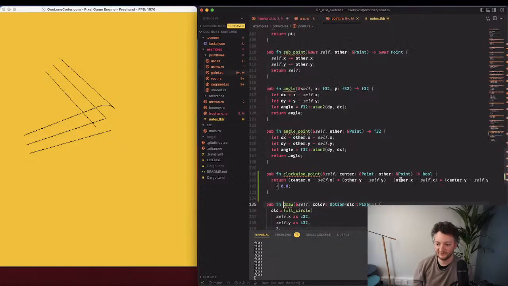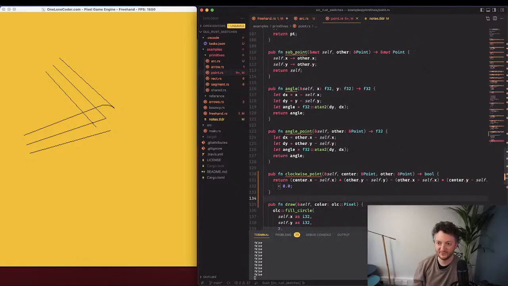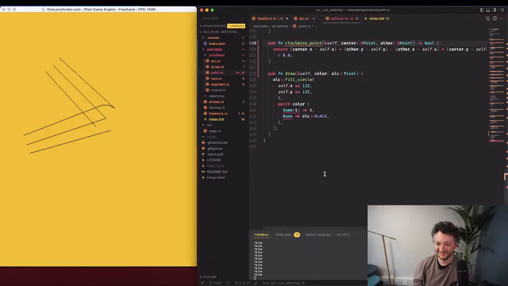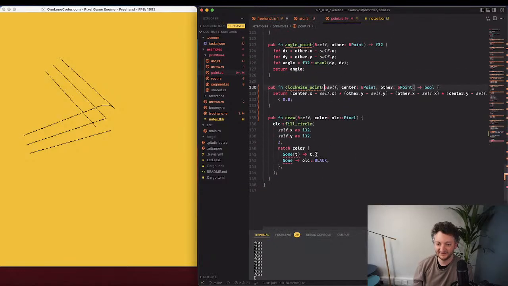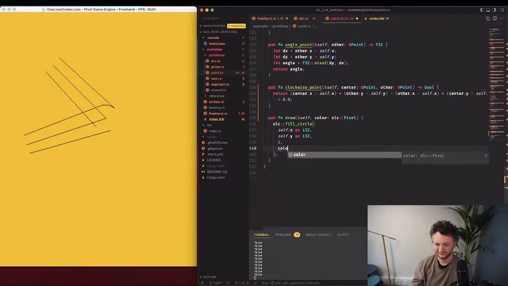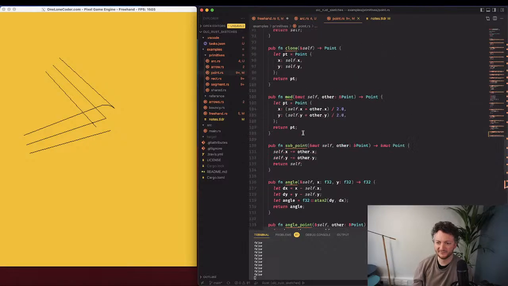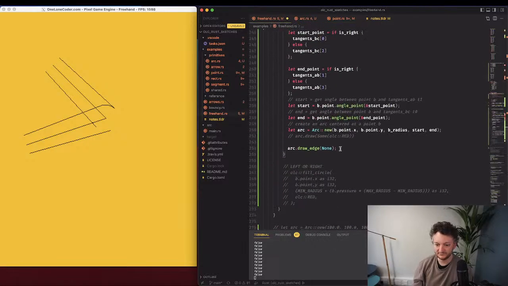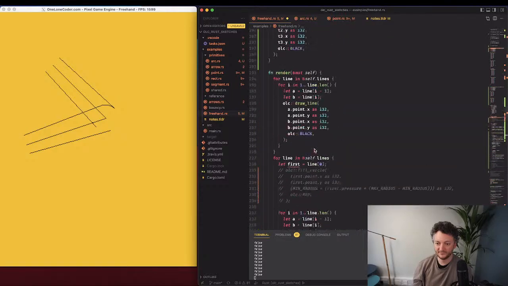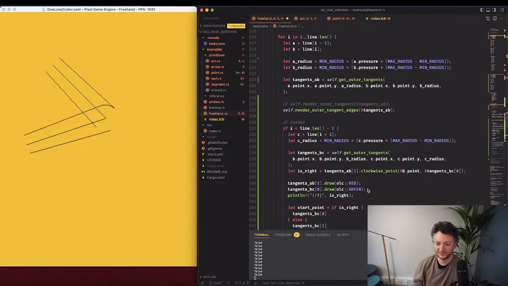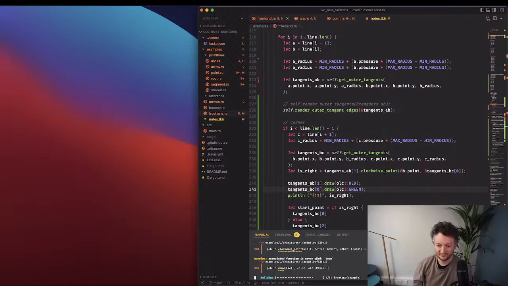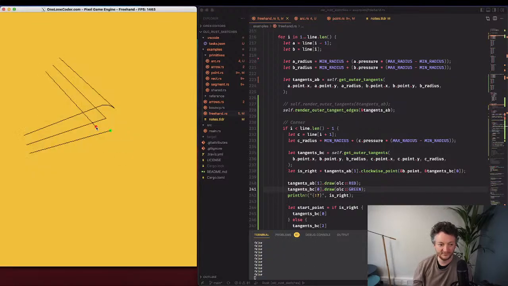Okay, first off, I'm getting rid of this other. This drawing is just going to be an olcPixel. Don't know why I had it as, yeah, it's just color. I was trying to figure out like default arguments here. Now we are going to draw, right? Oh, interesting.